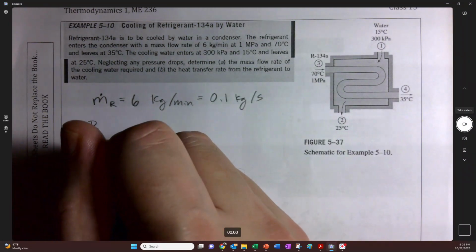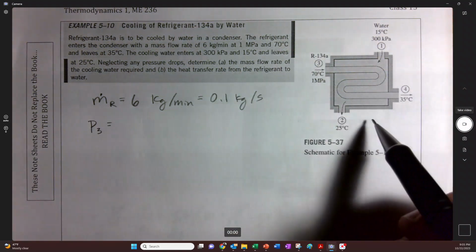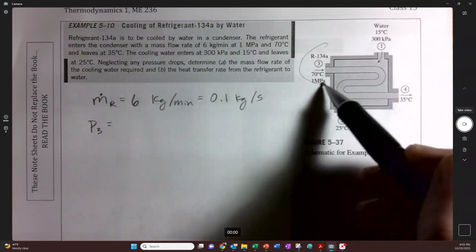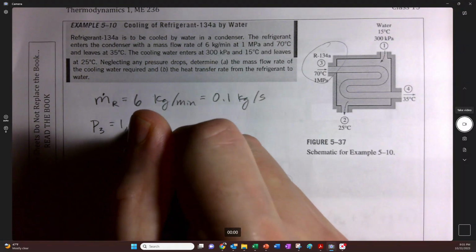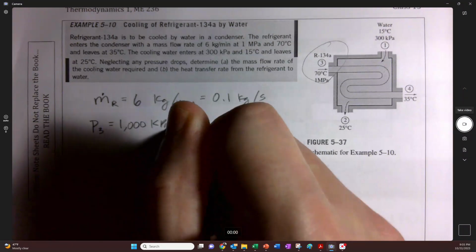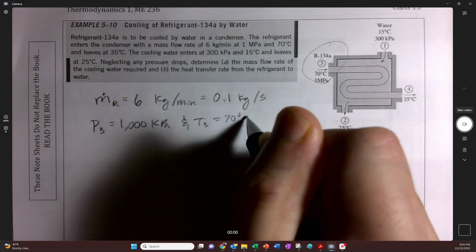I guess I decided to go with state 3 first. Okay, so here's the refrigerant coming in. That was state 3, at 1,000 kilopascals, and the temperature was 70.